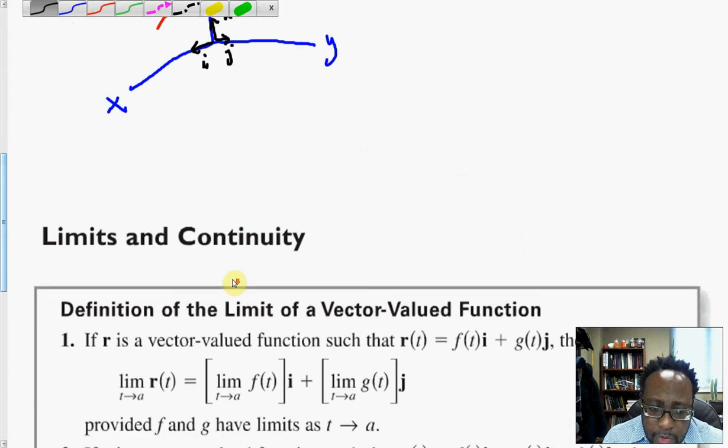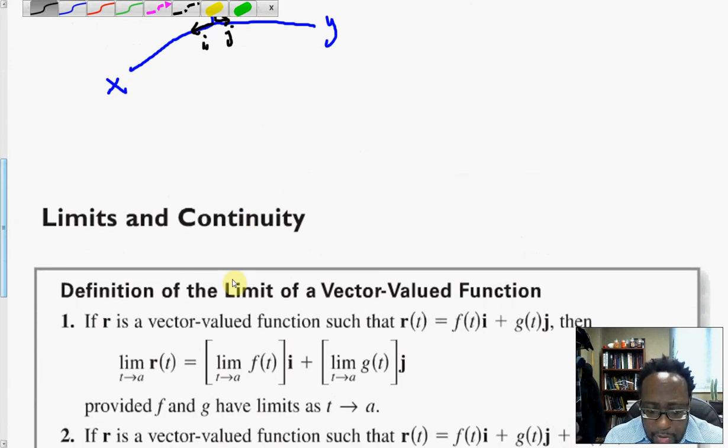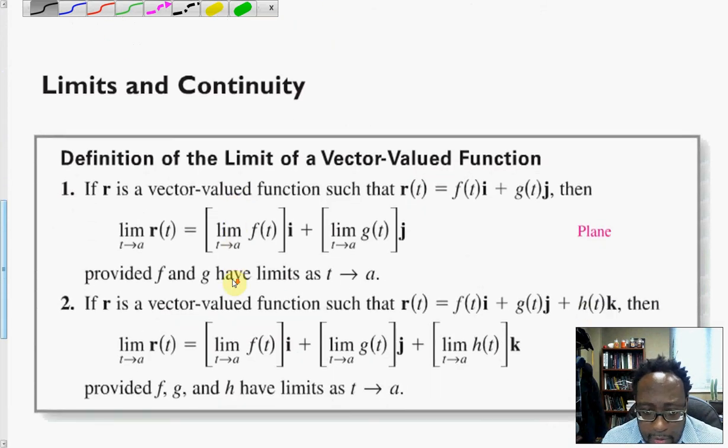Also, we want to talk as we go through this chapter about vectors, and you can calculate the limit of a vector, and we can also talk about the continuity. So the definition of the limit of a vector is tantamount to the definition for the limit of a function.